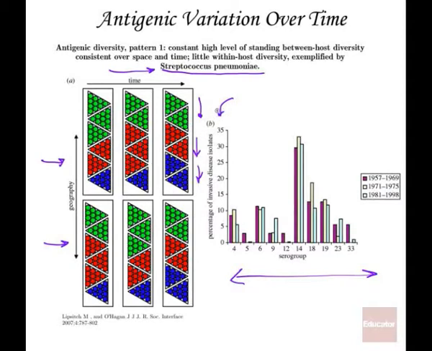You can see that there isn't that much difference over time. And these are approximately 5 to 10 year intervals. At these different times, the samples were collected, and basically the strains were pretty much the same. So in this case, there wasn't much antigenic variation over time.